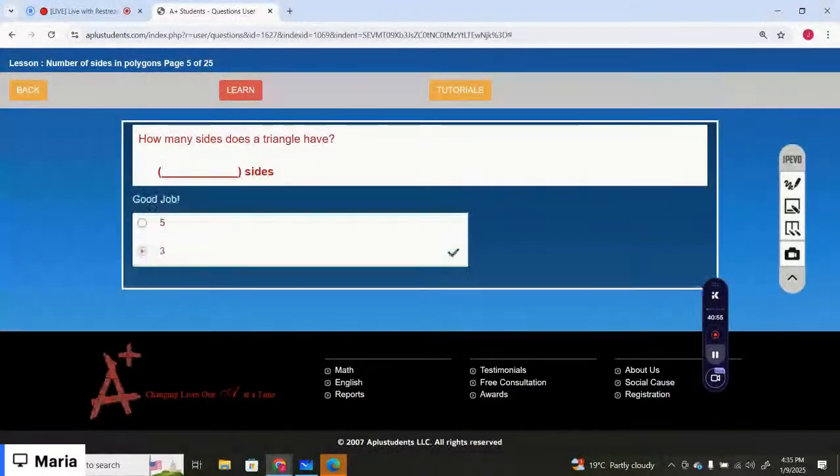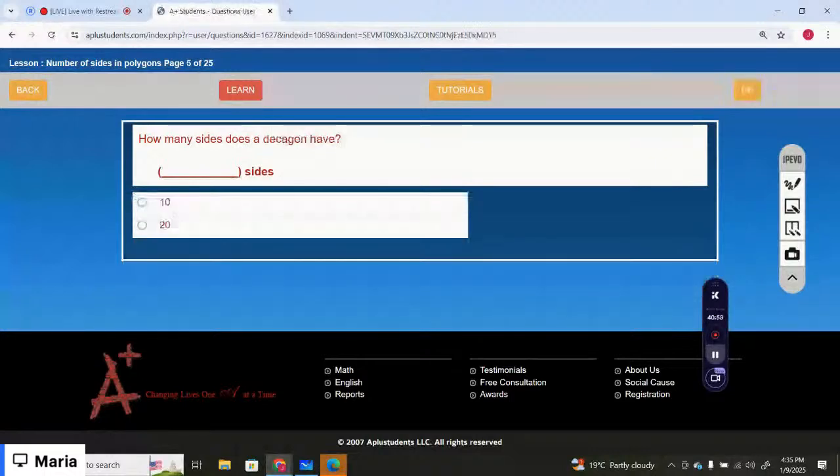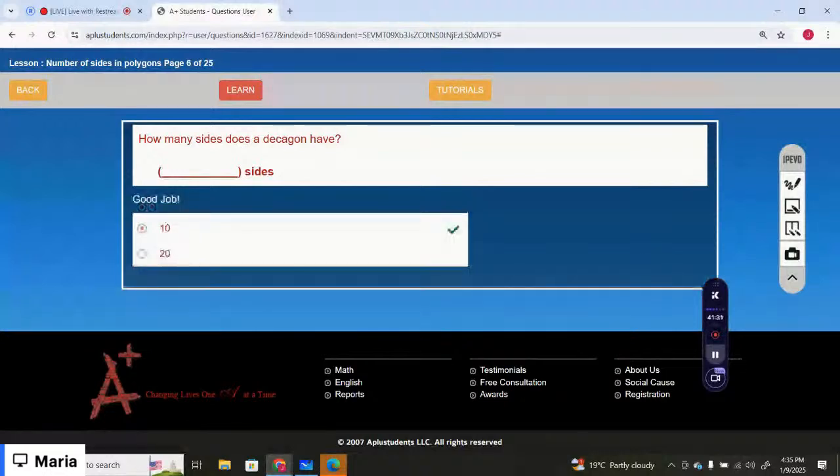A triangle has three sides. How many sides does a decagon have? That is 10 sides. A decagon has 10 sides.